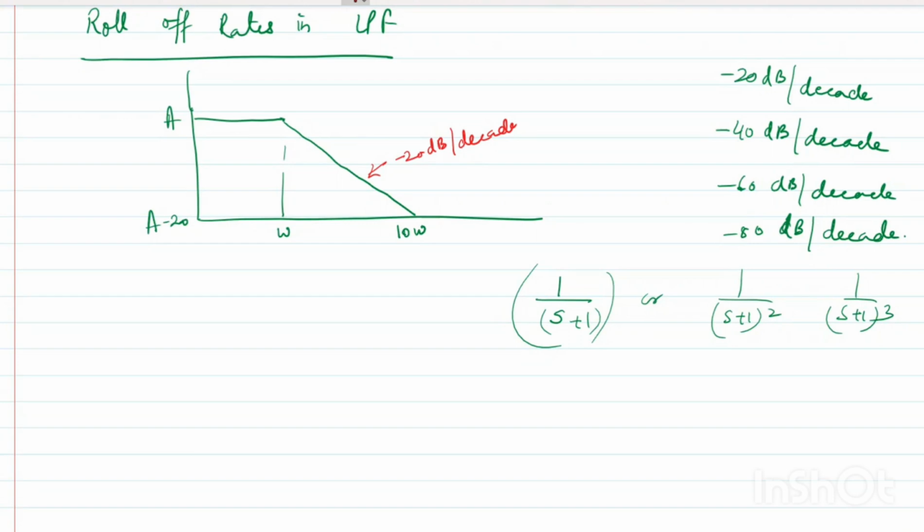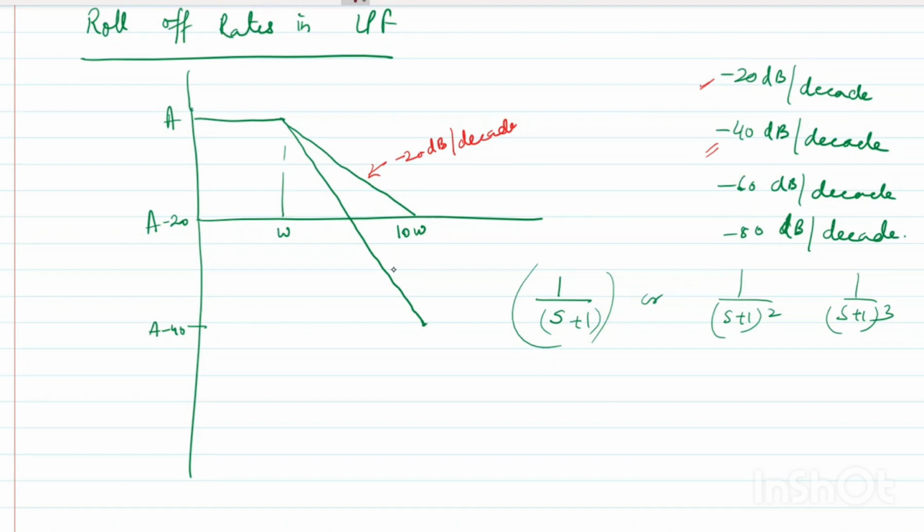Right? If I say minus 40 dB, like this one I plotted, minus 40 means it will decay by 40 dB in 10 times, that is from omega to 10 omega. So if this is A, suppose I'll just draw this. Suppose this is A minus 40. So this point will come here. So what you'll do, when you want to make a 40 dB per decade slope, you will join these two, because when omega changes by 10 times, your gain should fall by 40 dB.